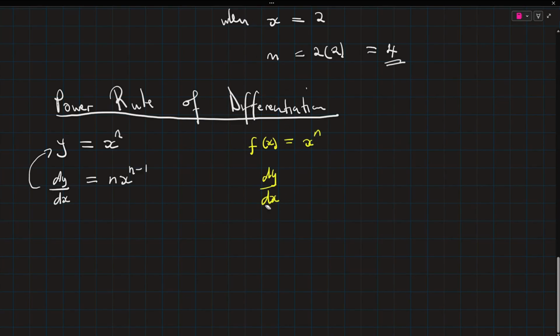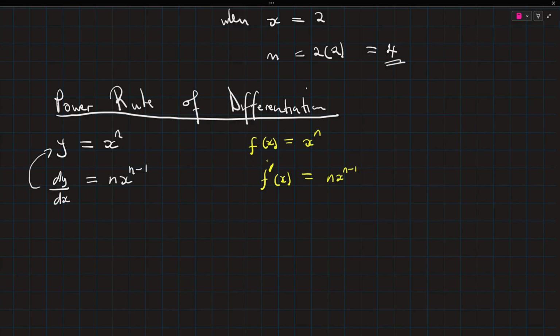That's when you use f prime of x. This dash represents the same thing, the difference quotient at the end of the day.